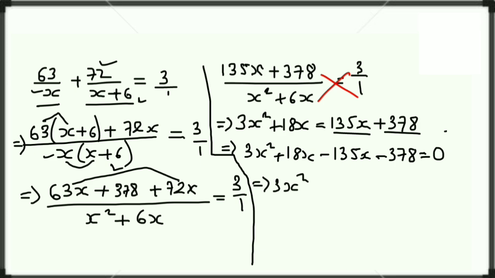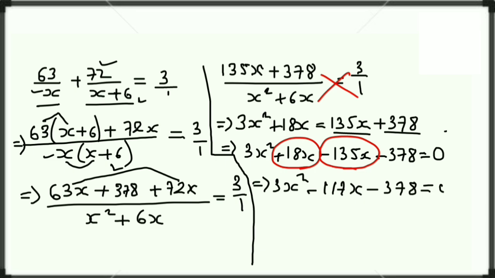Now 3x square as it is, and here plus 18x and minus 135x. After subtracting, we obtain minus 117x minus 378 as it is equal to 0. And from these terms we can take 3 as common.